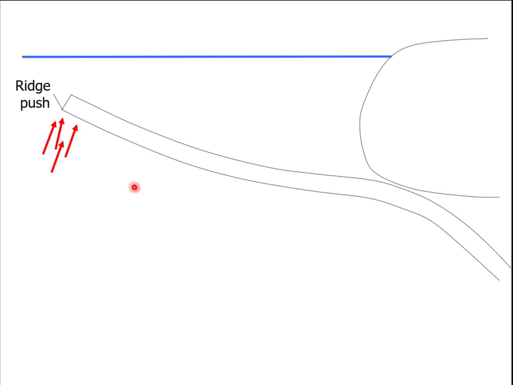When we talk about earthquakes and faults, we'll talk about how we know that. Over here, though, as this goes down into the mantle of the Earth, it's being pulled on. And we call that slab pull. And it turns out that might be a big deal.